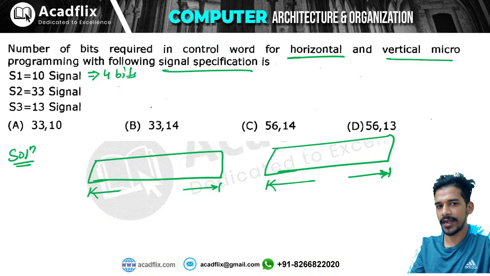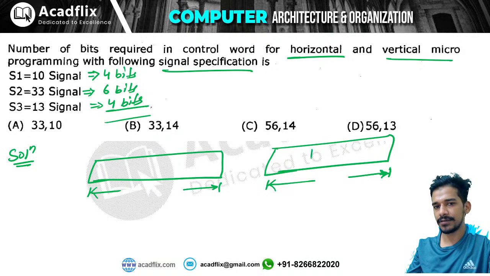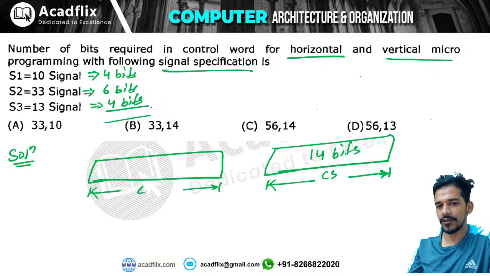You can encode 33 signals with 6 bits, and you can encode 13 signals with 4 bits, right? That means in case of vertical microprogramming you will require only 14 bits for the control signals. In case of horizontal microprogramming you will add all these, right? 33 plus 13 is 46, plus 10 is 56, because it is 1 bit per control signal. If you have 56 control signals, you will require 56 bits. So the answer will be 56 and 14.